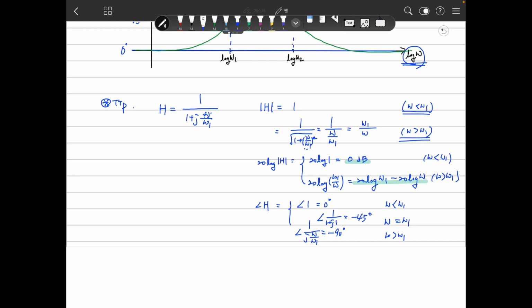So when you draw the Bode plot here, its important point is omega 1. We draw the Bode plot at first for the magnitude here, and we have two things here. This is log omega, and the same with this log omega we define. This is log omega 1. At the same point we have log omega 1 here.